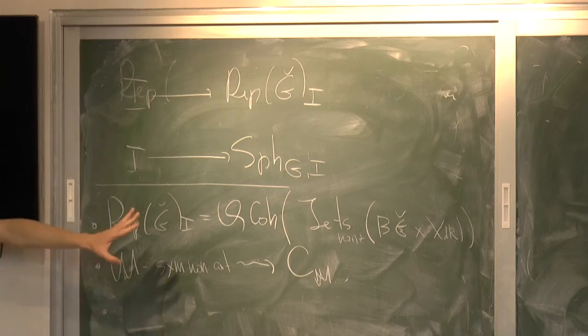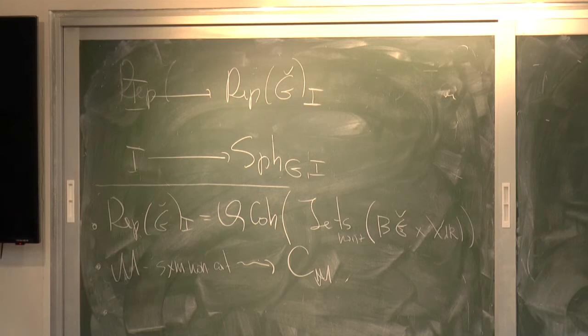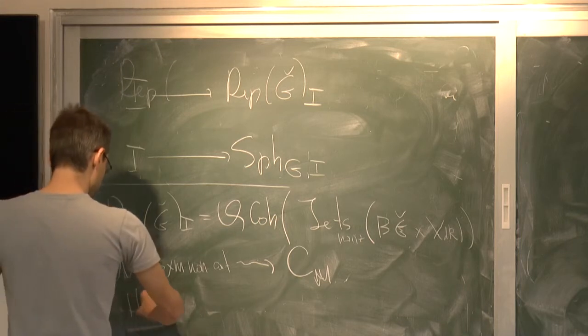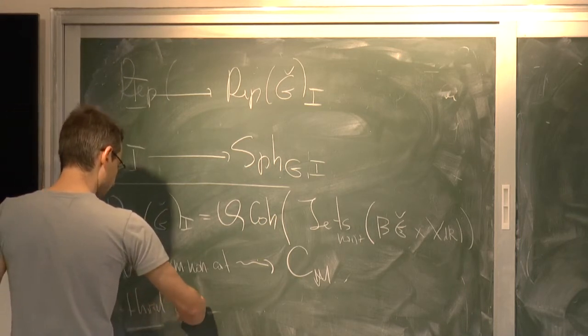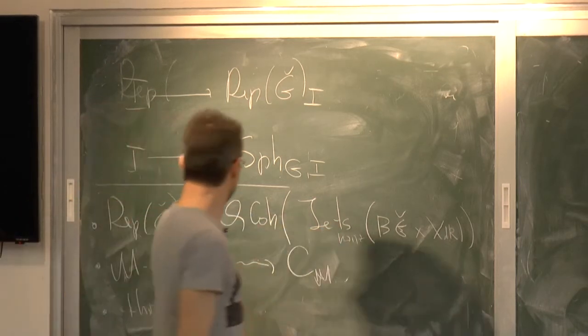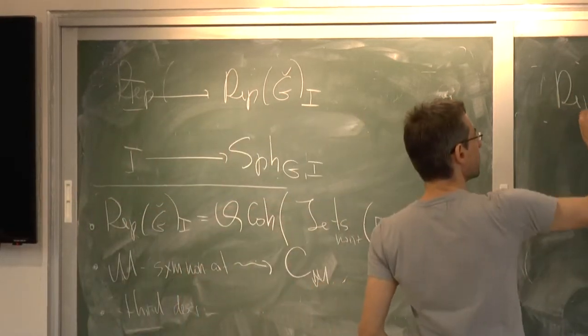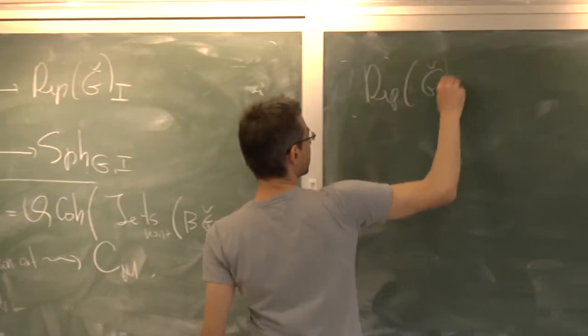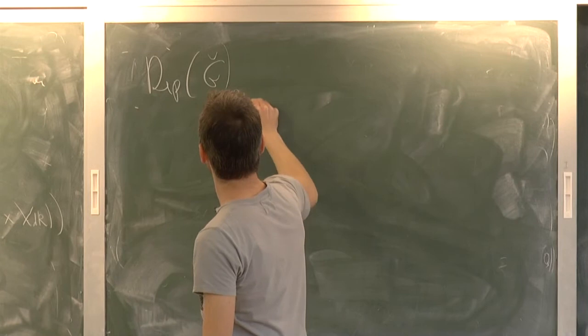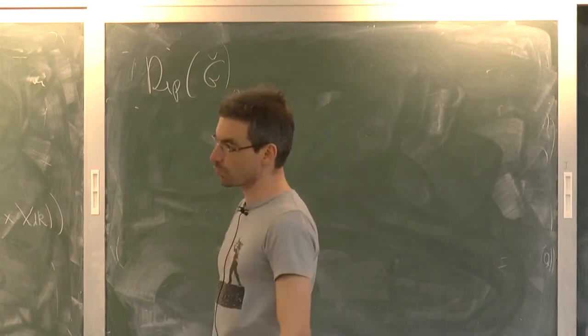And yet there is one more description of this, which is very down to earth, and it's the most handy one for some purposes. Let me explain what it is. Third description. Let me explain it for the finite set 1, 2.